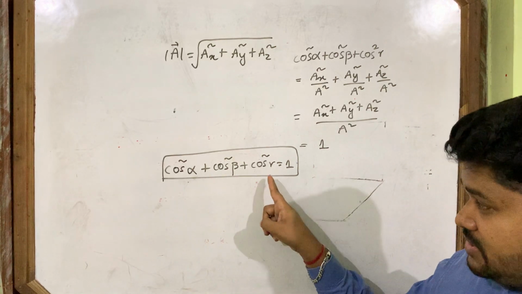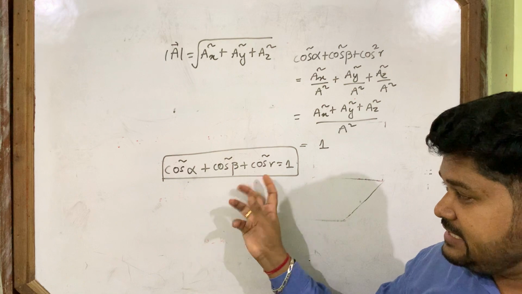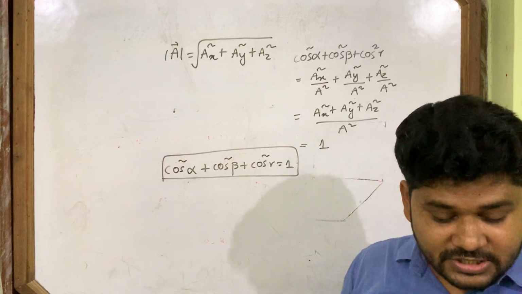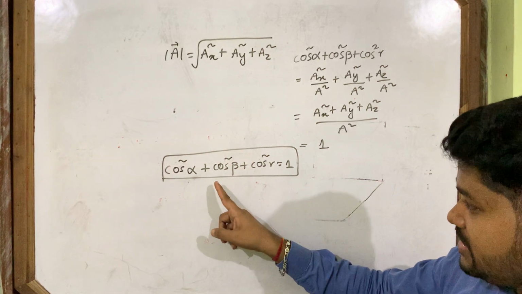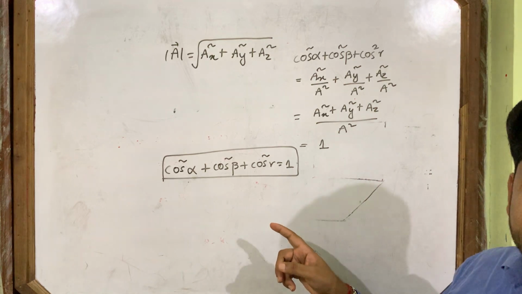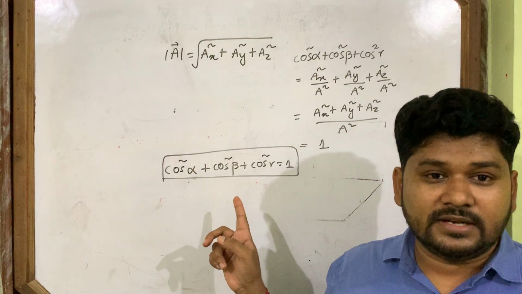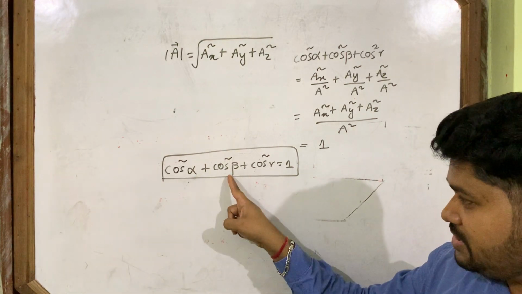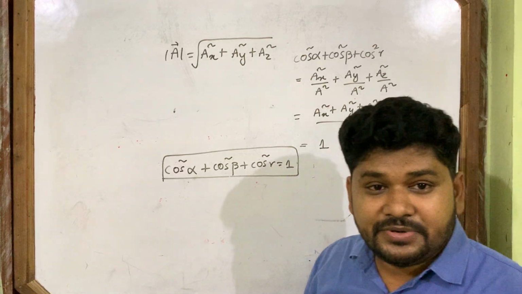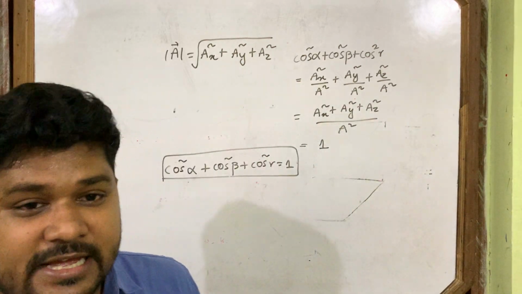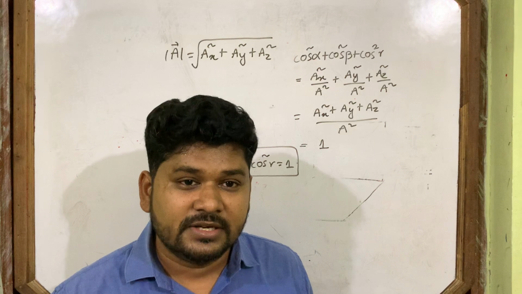So, I am making a sentence of this mathematical formula: the sum of squares of direction cosines is equal to 1.